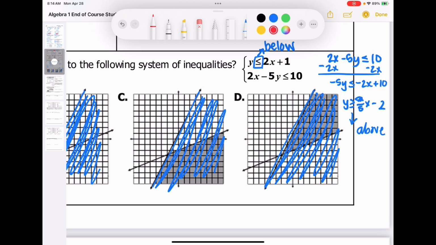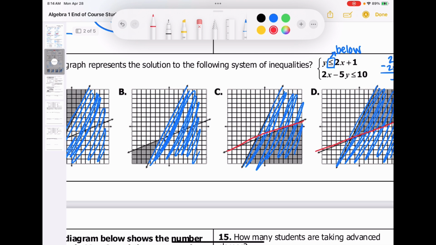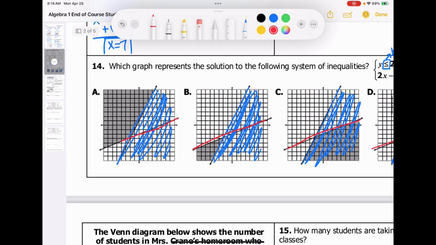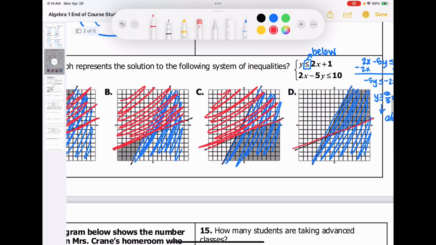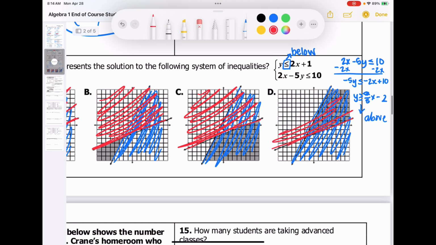So that's this line, and I want my solution to be above. So now, when I'm looking at my answer choices, I want where red and blue overlap to be the dark gray region that's on that paper. So it's not that one, not that one, not that one. So it is D because right here they are being overlapped.